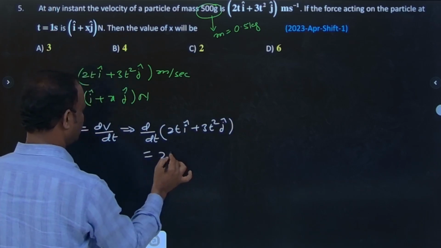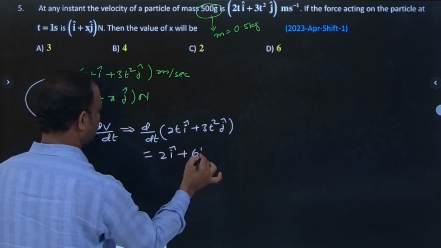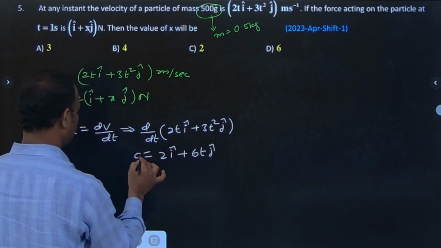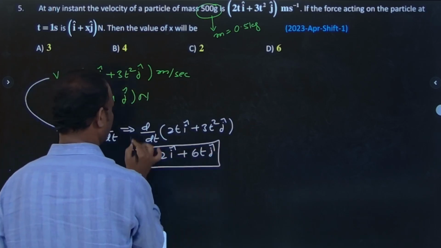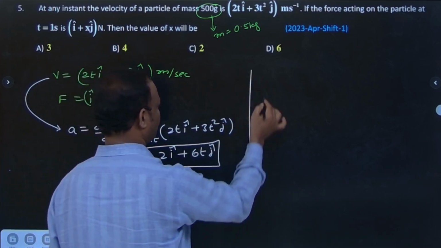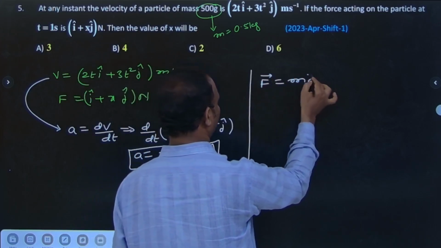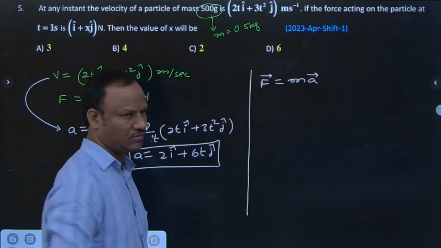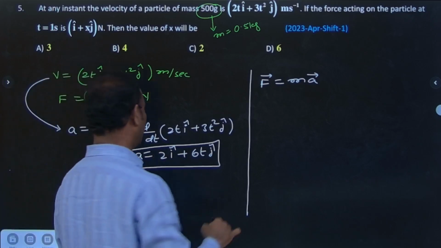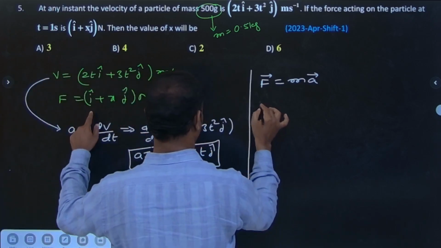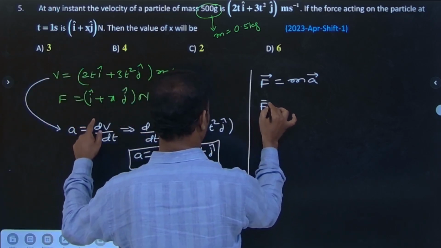So this is 2 i cap plus 6t j cap, which is the acceleration. Now we can take force F is equal to m into a. Vectorially, F bar is equal to m into a bar.